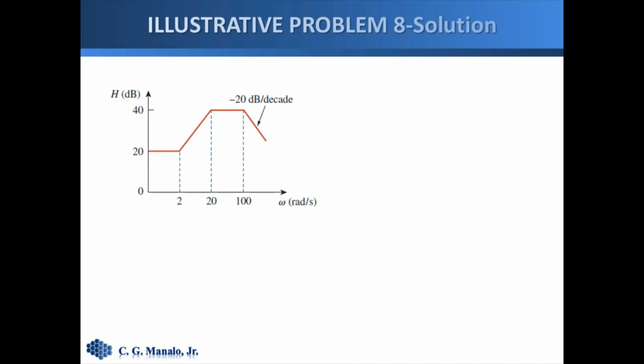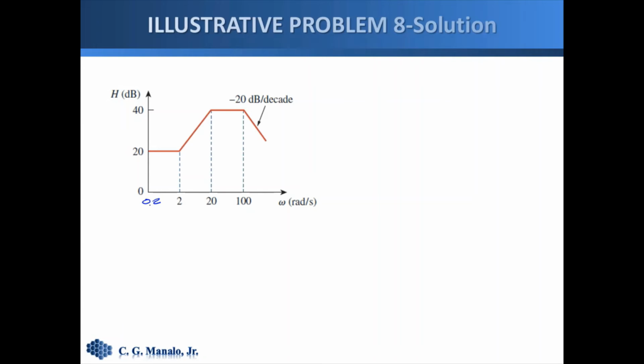So we would assume that there are none of those factors in the transfer function. Let's start from the lowest frequency. So probably this could be 0.2. The plot there is a constant from 0.2 to 2 radians per second.